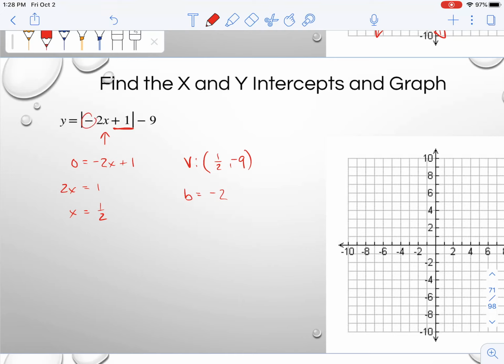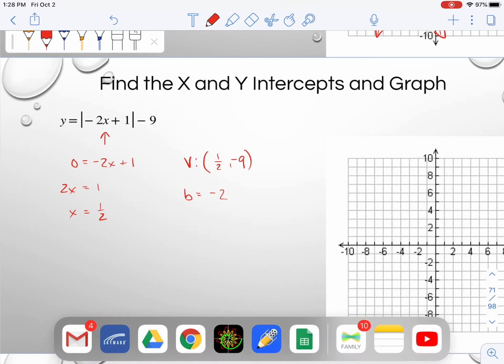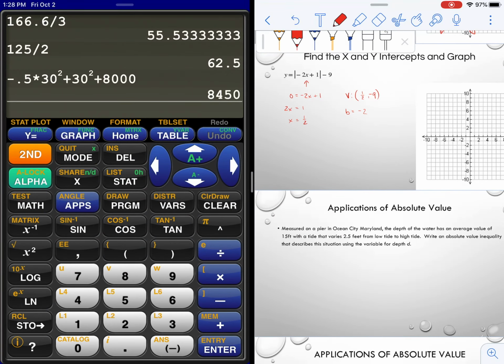But then because of the negative here, it really kind of went to the left one, and then it flipped horizontally over the x-axis. So again, the one thing that we can always do when we get something like this, if you're really not sure, pull up the graphing calculator. Make your life a little easier.